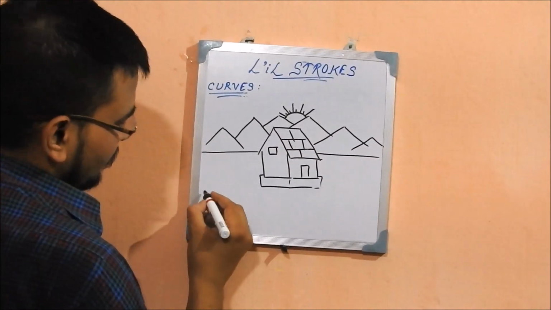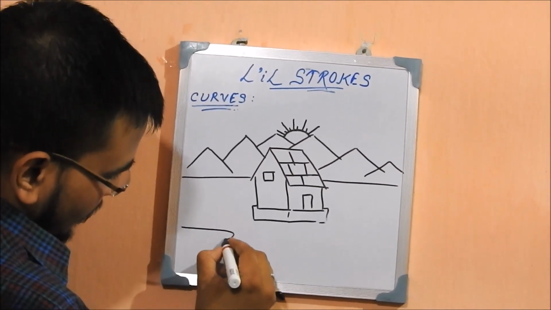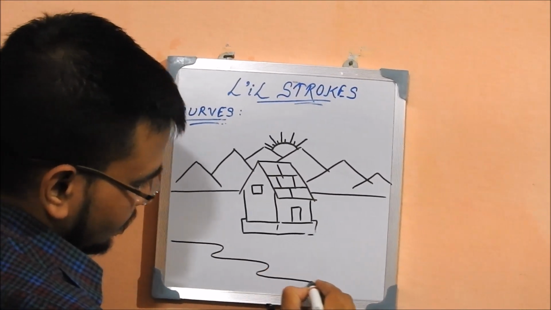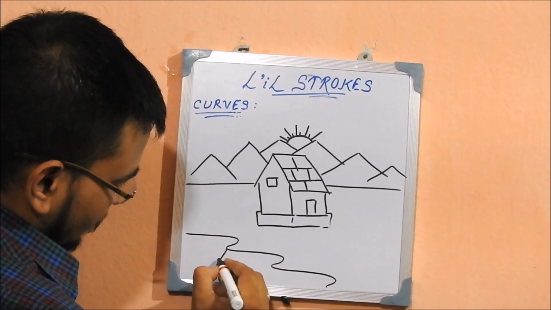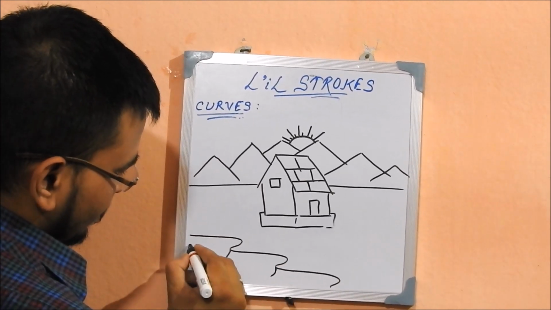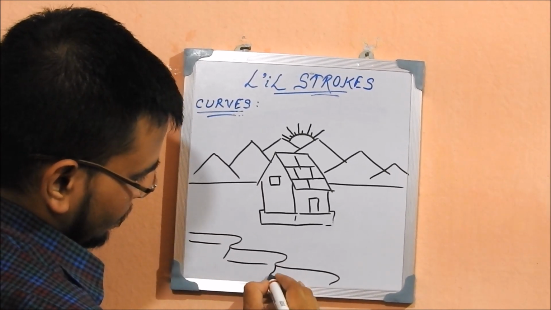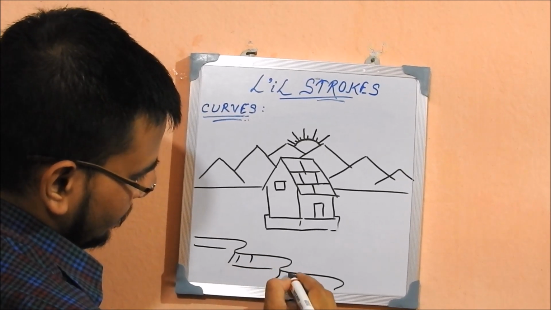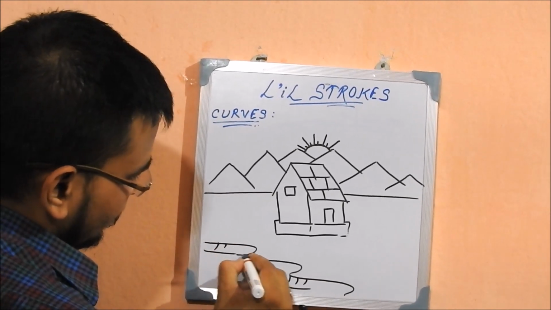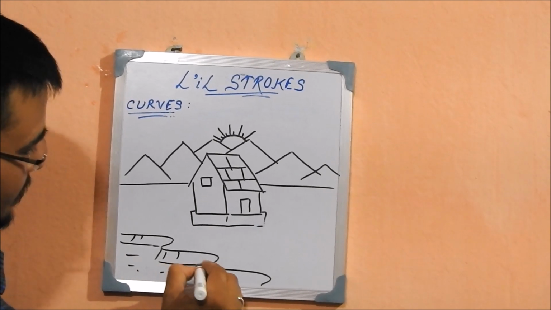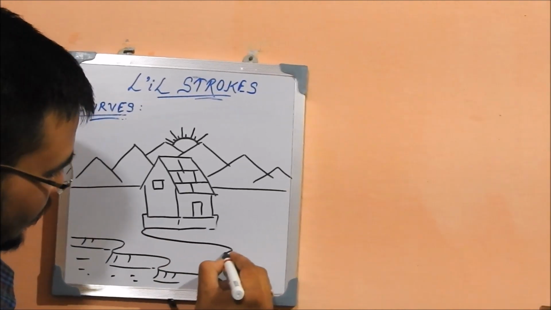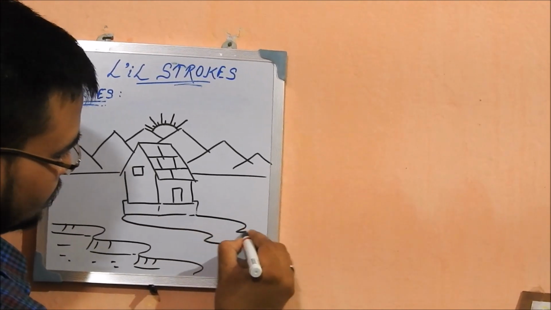When you are drawing the sun, you know, you can draw a pond also. Curve, curve, curve. See? So this, there is water, this is our land area. You can draw a road also.